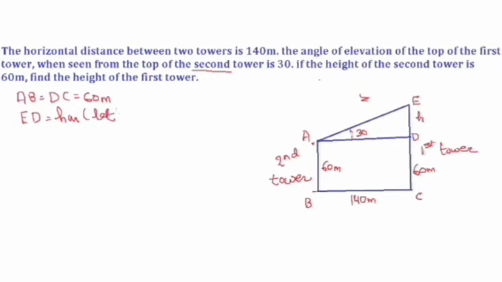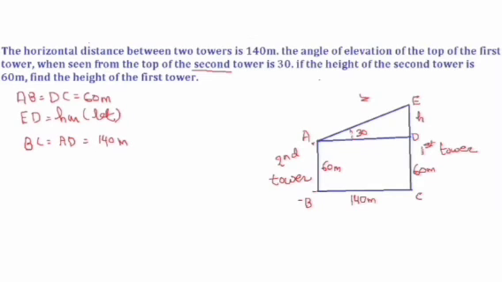Now the height of the tower will be H plus 60. So first thing we need to calculate is H. Now you can see here that BC is 140, so AD will also be 140. So from here I can write BC equals to AD equals to 140 meters.